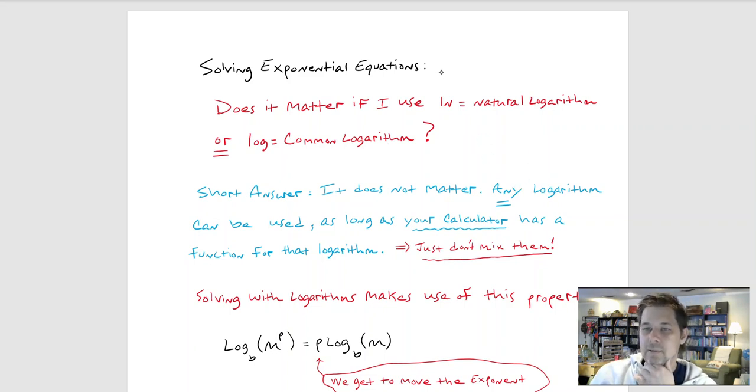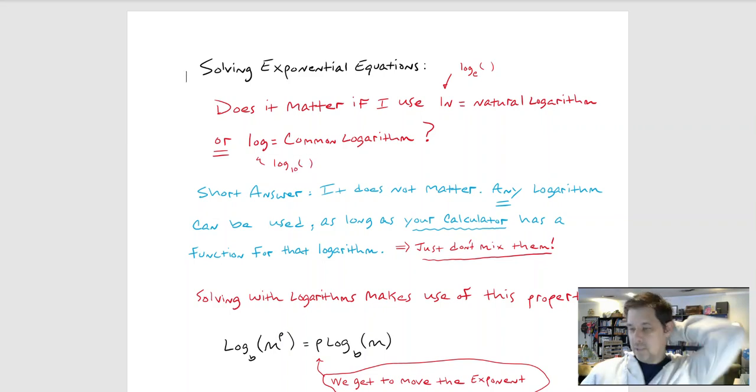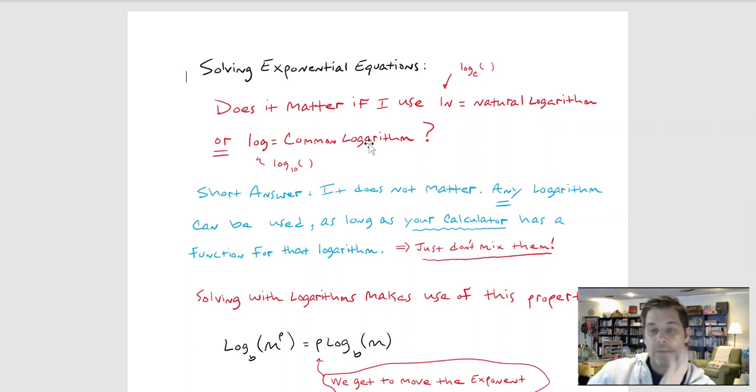Now, ln is logarithm base number e, and log, the common logarithm, is a logarithm base number 10. But all logarithms are treated exactly the same way no matter what the base is.